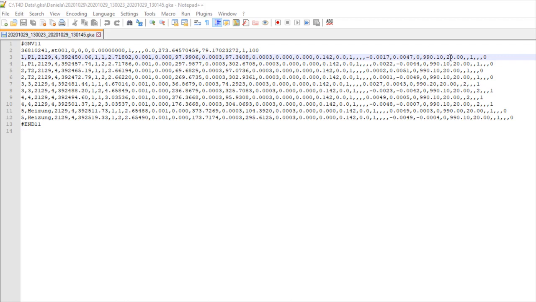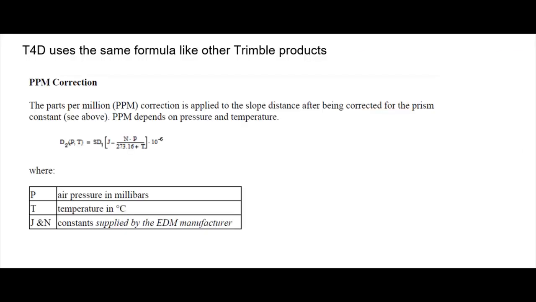Here you can see the temperature value from the temperature sensor and also the pressure value which is coming from the total station. This file is downloaded by T4D and these values are automatically used to correct the distances. T4D uses the same formula like other Trimble products for the ppm correction.